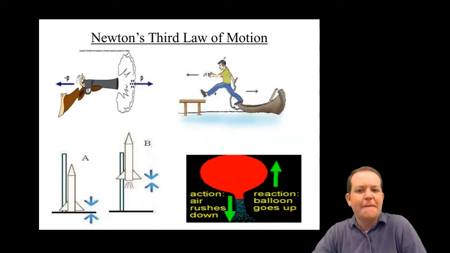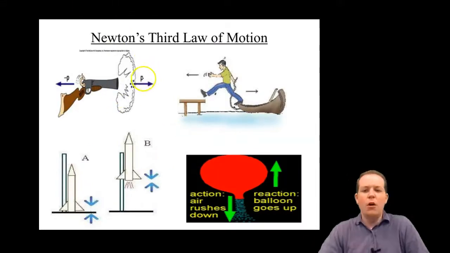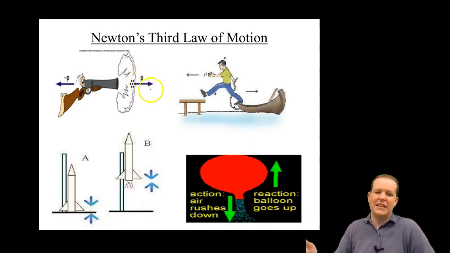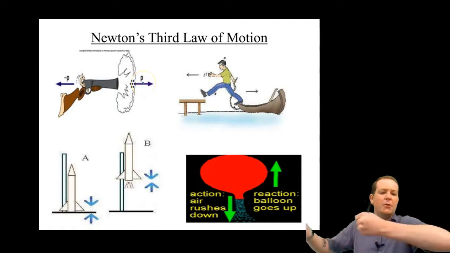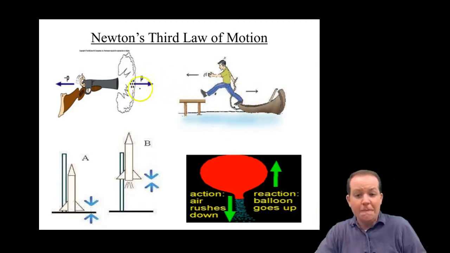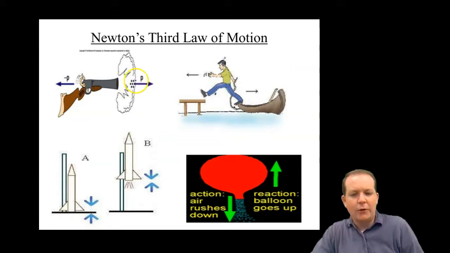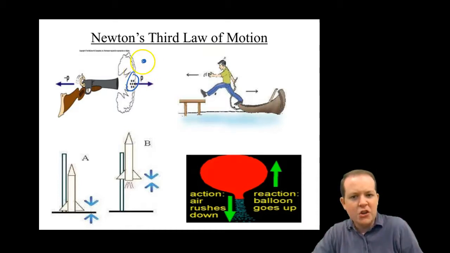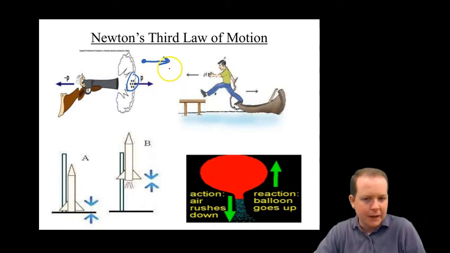Here's an example when you fire a gun. Maybe if you're familiar with firing a gun, or if you watch enough movies or YouTube videos, you might be familiar with the idea of kickback, of recoil of a gun. When you fire a bullet, there is a large force applied to the bullet. If we drew a free body diagram for a bullet, let's just focus on maybe the force from the gunpowder, there'd be a huge force applied to the bullet.